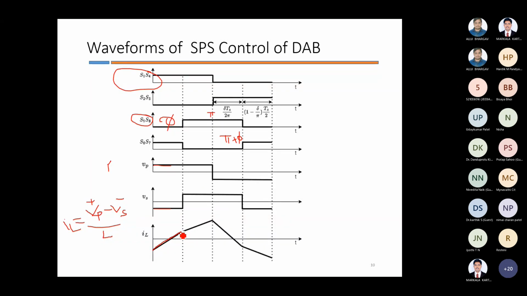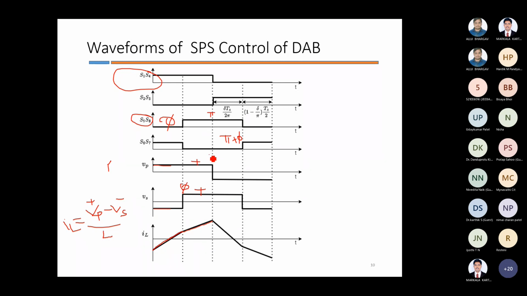Now when coming to after phi, we see VP is positive and Vs is positive. So the slope will be a little bit lower, as VP is greater than Vs. The slope will be positive, and the current will rise slowly because the slope is reduced.